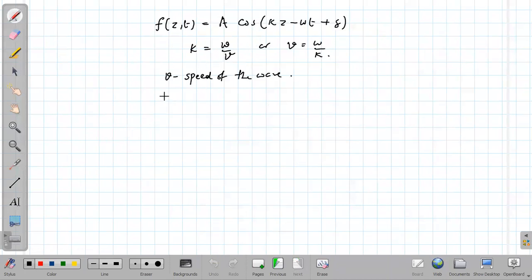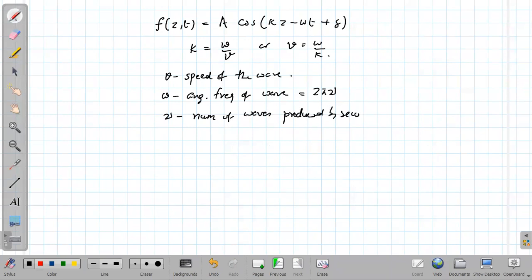So v is the speed, and omega is the angular frequency of the wave, which is equal to 2 pi nu, and nu is the number of waves produced per second.